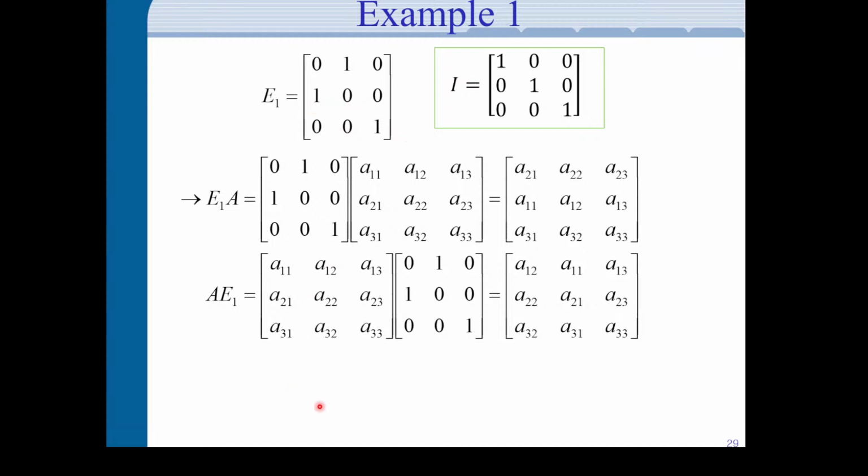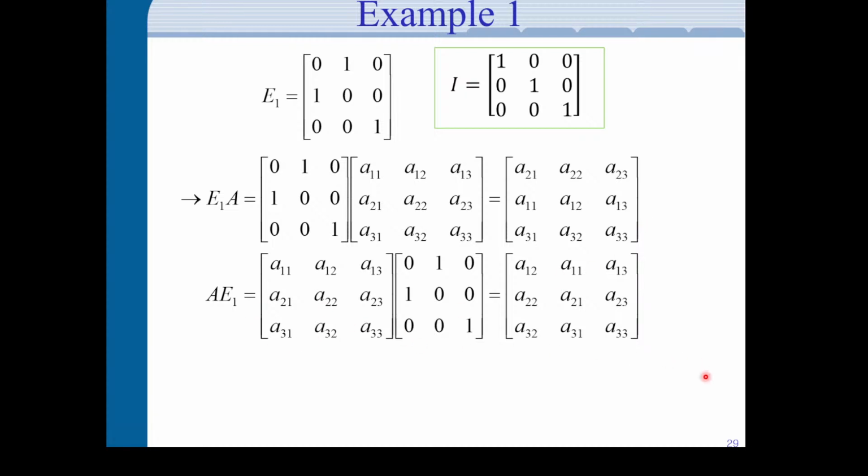The nice thing about this is that you can use this elementary matrix to do elementary row operations. If you multiply E1 on A, you will actually interchange the two rows of A. We just do the multiplication, and you see it changes those two rows.